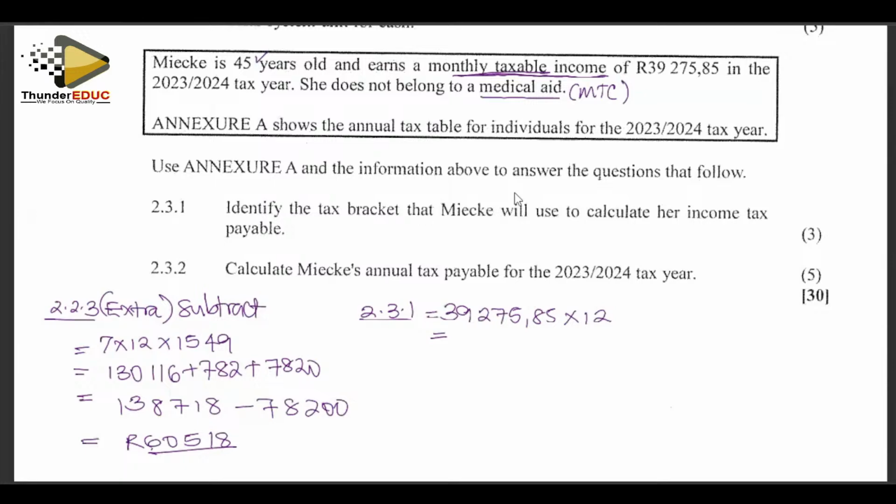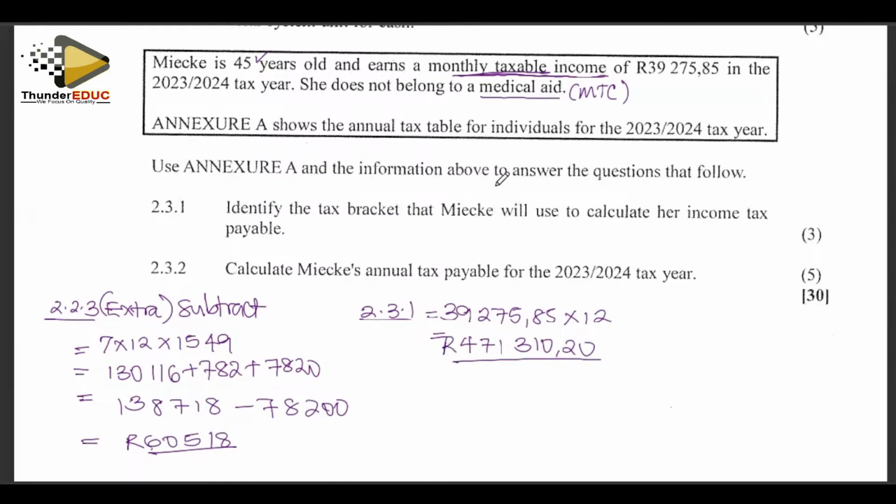Times 12, we get that much, which is 471,310 and 20 cents. This is what will determine it.